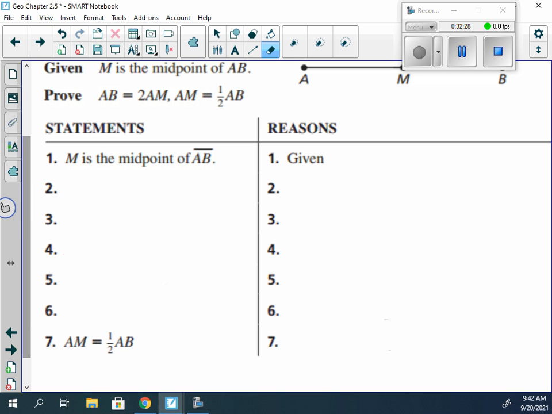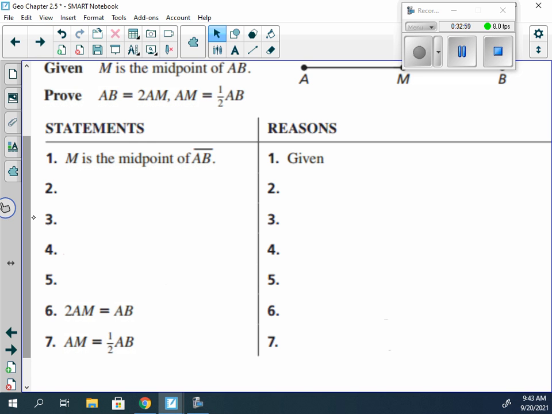AM equals 1/2 AB would go last because really we can get it from 2AM equals AB. Because if we can at least say that AB is equal to 2 times AM, we can divide both sides by 2 and get that AM is equal to 1/2 of AB. Now let's fill in the rest.